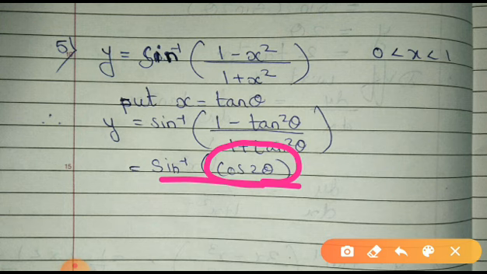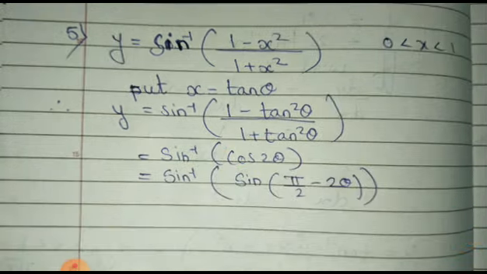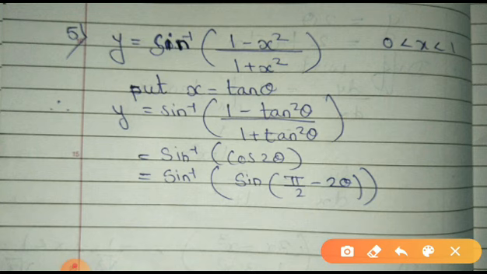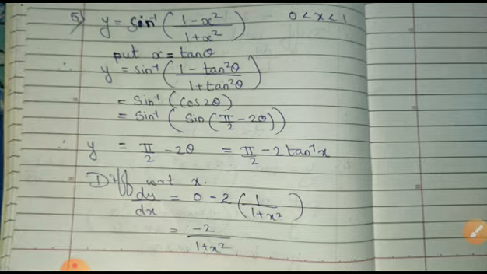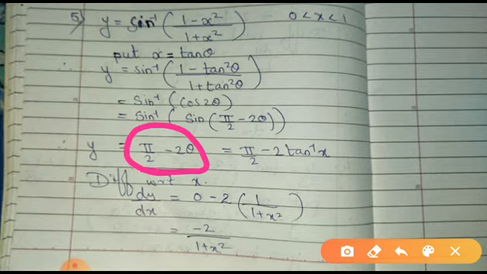So I can write cos 2 theta as sine of pi by 2 minus 2 theta. Okay, now sine inverse and sine will cancel, and I'll be having pi by 2 minus 2 theta.